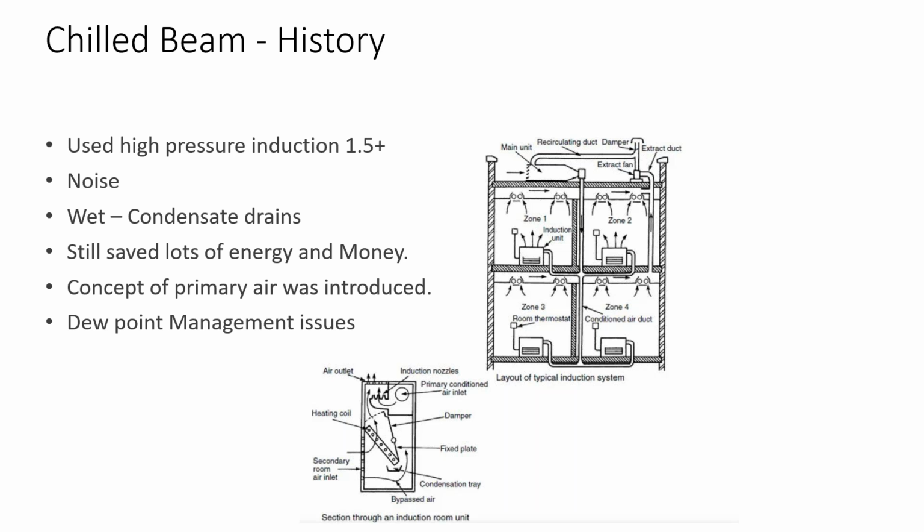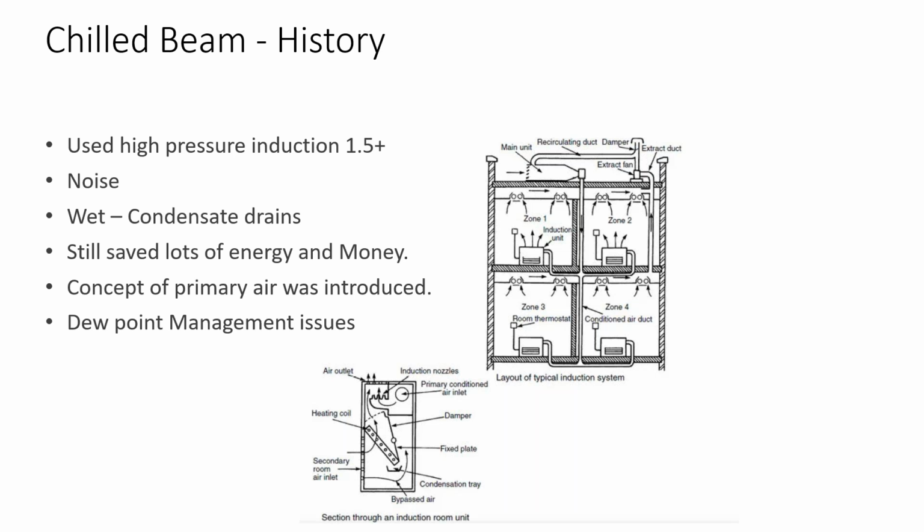And one of the diagrams shown on this slide shows a riser going up the building, and then there are 2 induction units that are served by that riser. That riser is the primary air. So ideally in these high-rise buildings, there was quite a bit of duct work to these floors.